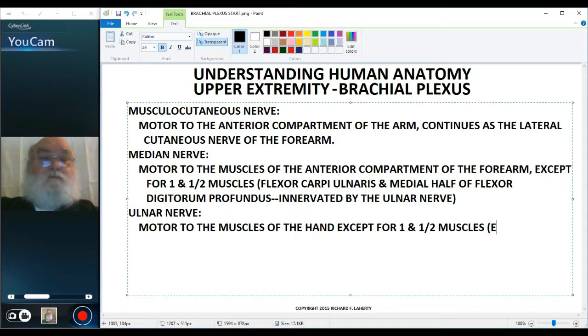The exceptions are, for the one, the muscles of the thenar eminence.